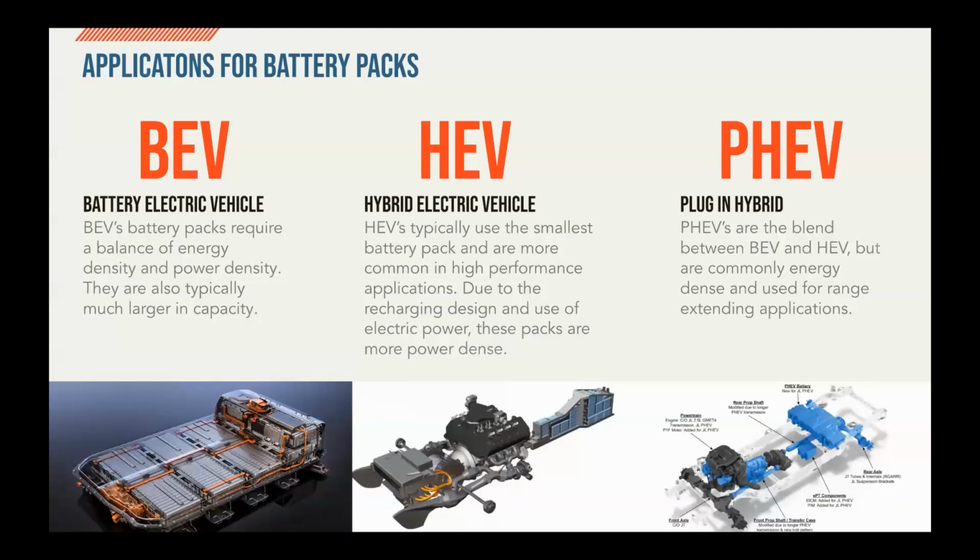So a lot like a BEV, the plug-in hybrids, depending on the application and type of vehicle, are much more commonly energy dense, but have a little bit more blend between energy density and power density.